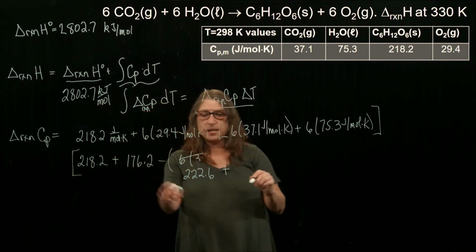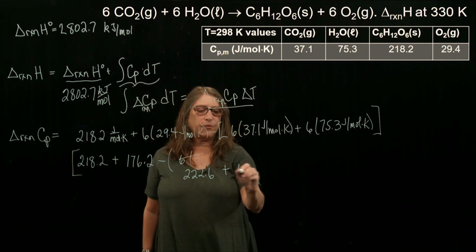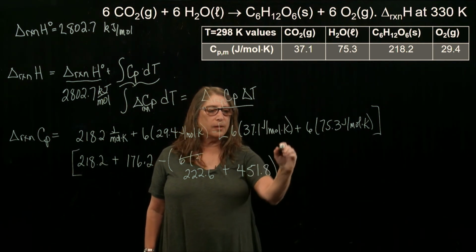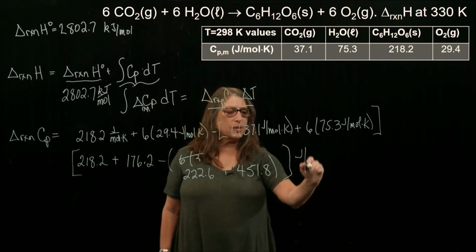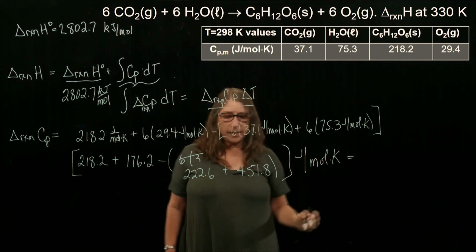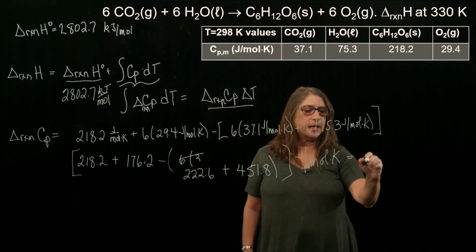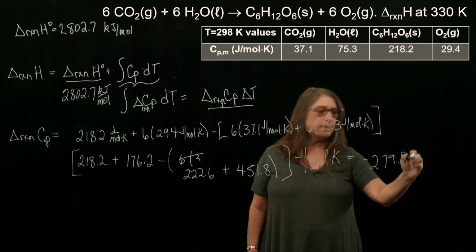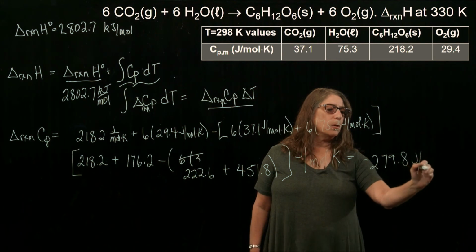And to this subtracting off, I'm going to add 451.8. All of that is in joules per mole Kelvin. And that turns out to be equal to negative 279.8 joules per mole Kelvin.